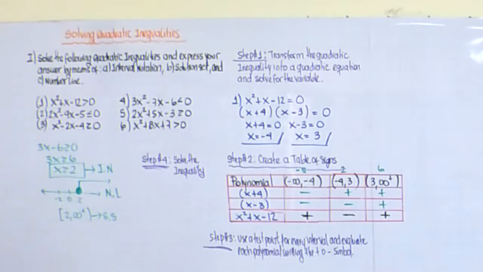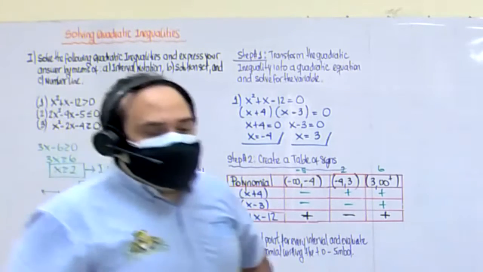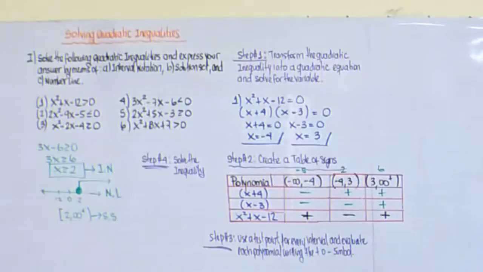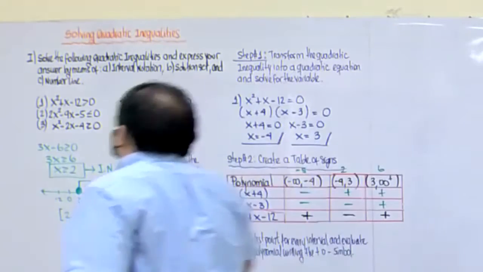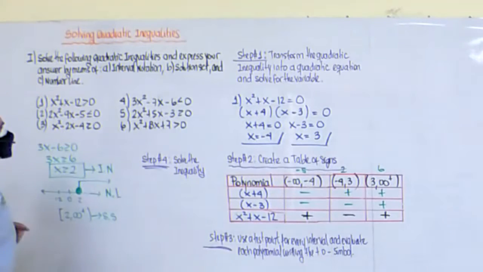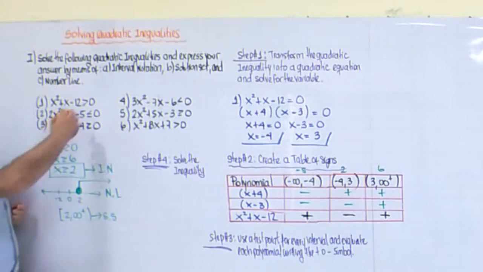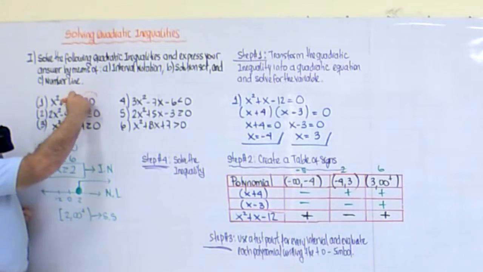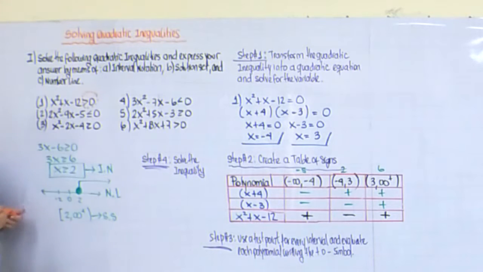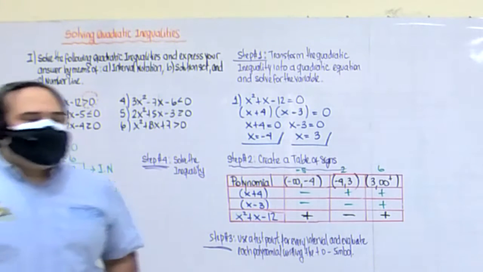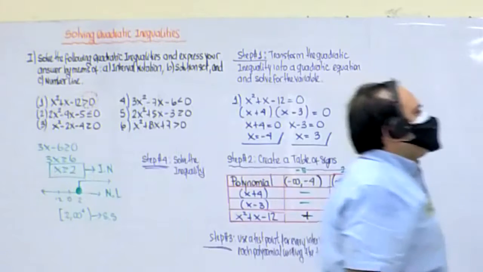The first thing that we have to do is solve by the number line. And it's simple. If you see, the original quadratic inequality says x squared plus x minus 12 greater than 0, right? Focus over here. Greater than 0. Would you like to tell me what numbers are greater than 0?